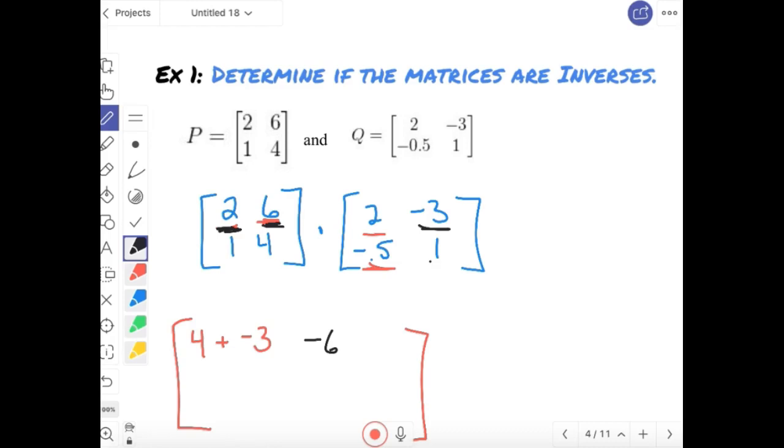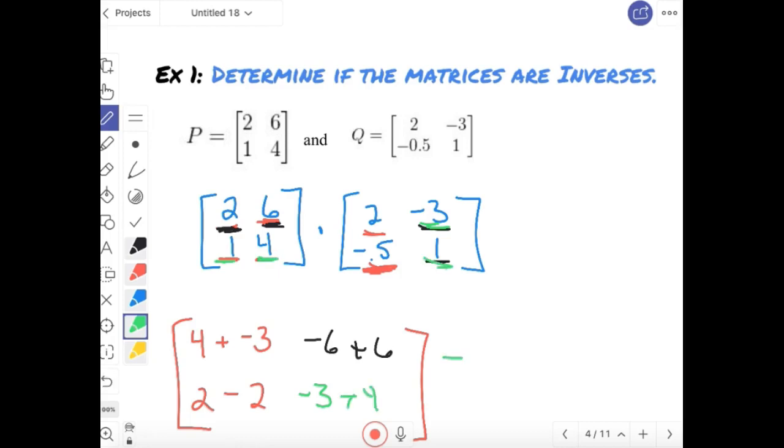And 6 times 1, so plus 6. Now we'll jump down to the bottom left element. That's going to be 1 times 2. And then 4 times negative 0.5. So that's negative 2. And then it's going to be 1 times 3. So that's negative 3. And 4 times 1, so plus 4.